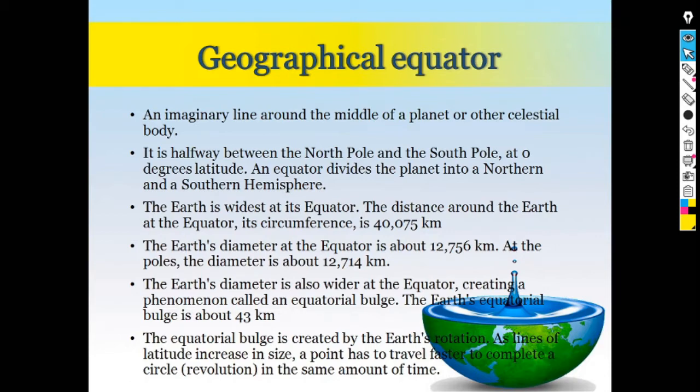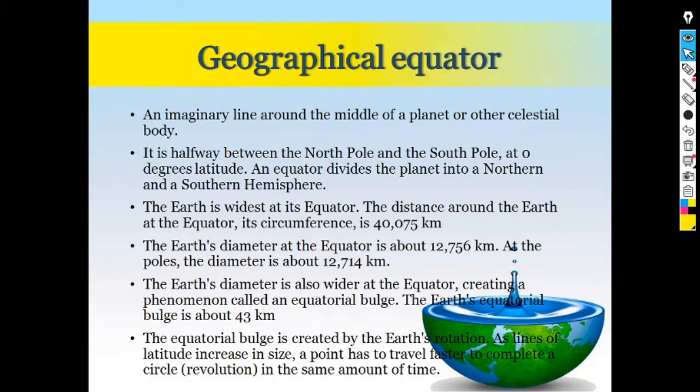Geographic equator is nothing but an imaginary line cutting the earth into two equal halves. It is halfway between the North Pole and the South Pole at 0 degrees latitude, and the equator divides the planet into a northern and southern hemisphere.